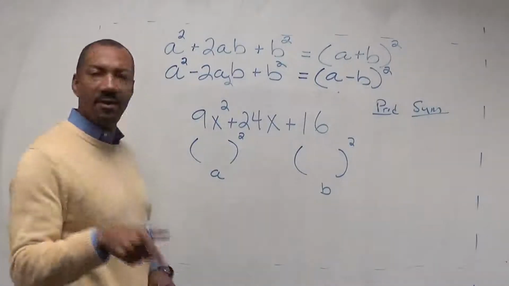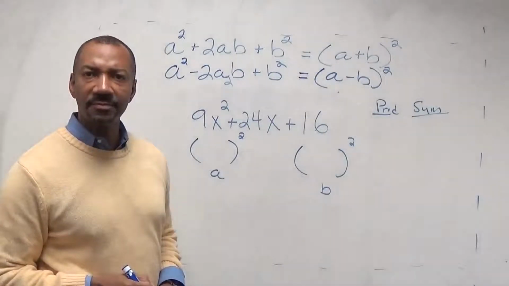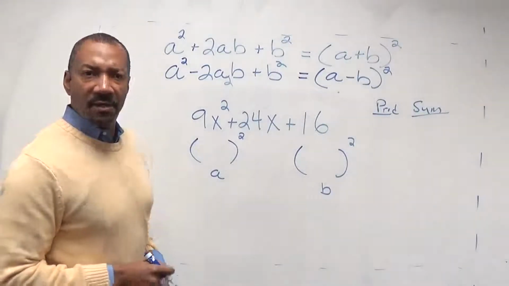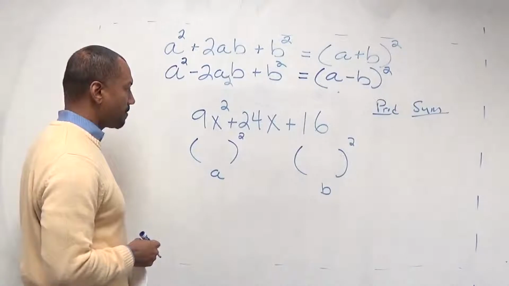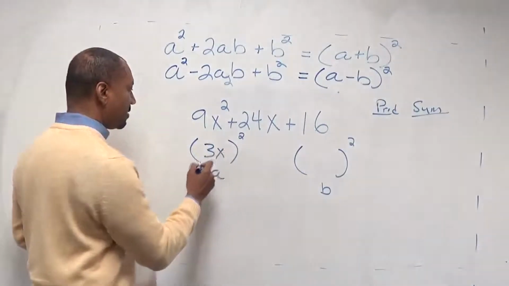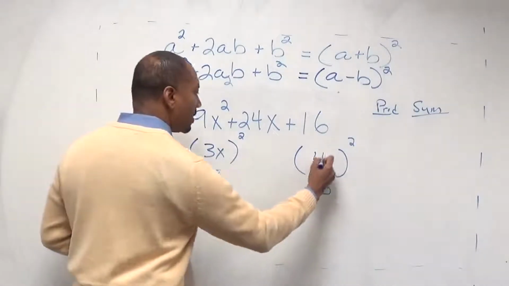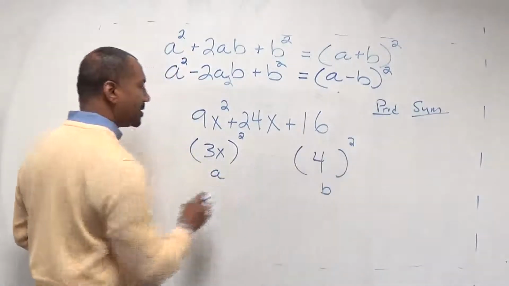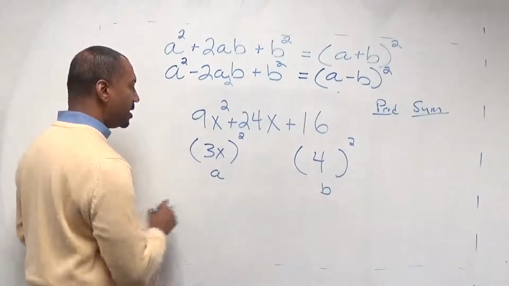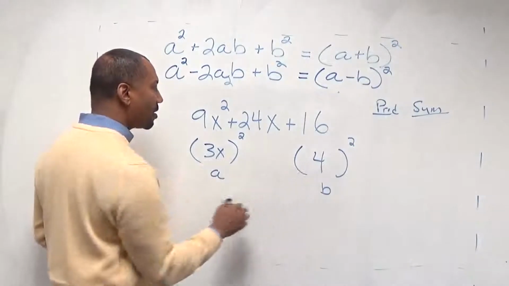Go ahead and pause the video if you haven't. See if you can finish up. Okay, let's take a look. If I put a 3x in here, that'll give me back 9x squared. If I put a 4 in here, that'll give me back 16. So I'm thinking my a is 3x and my b is 4.